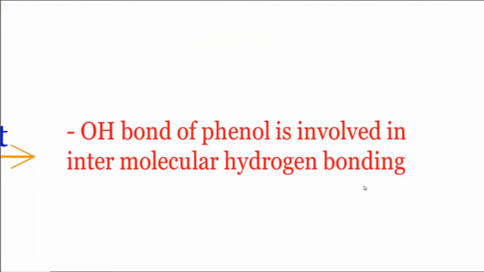That means there will be attachment between the oxygen atom of one phenol molecule with the hydrogen atom of another phenol molecule, which results in the formation of intermolecular hydrogen bonding, which causes association of the phenols. As a result, to break the hydrogen bonds, it requires too much heat. Naturally, the temperature rises and thus phenols will be having high boiling point.